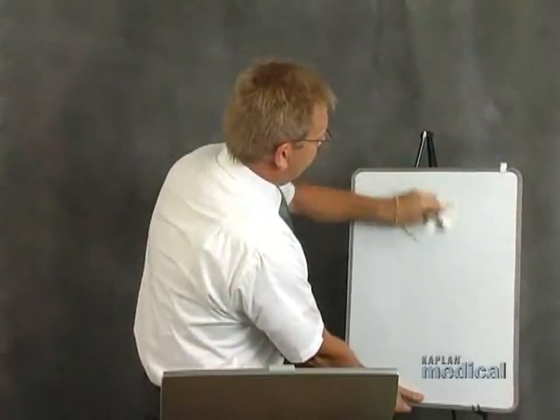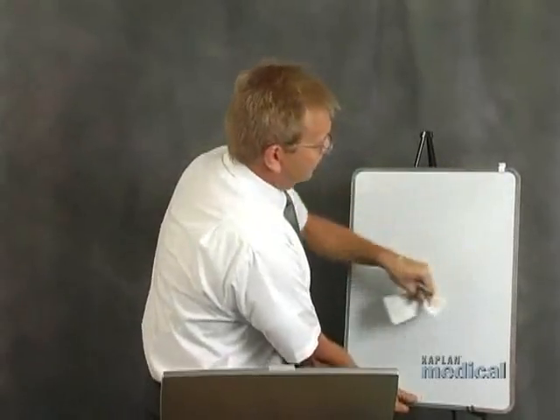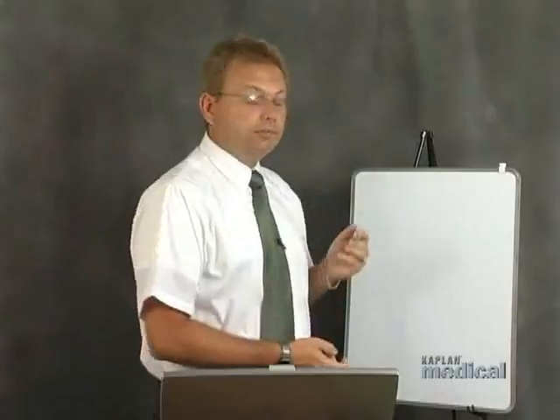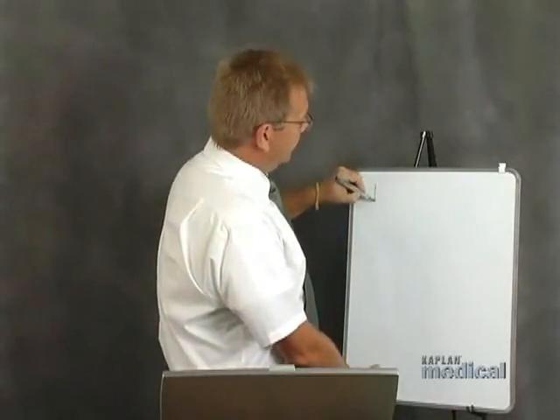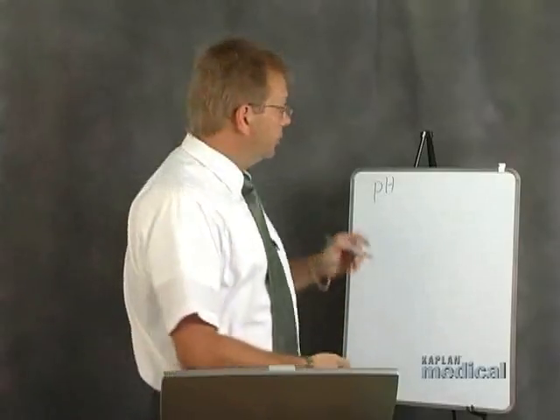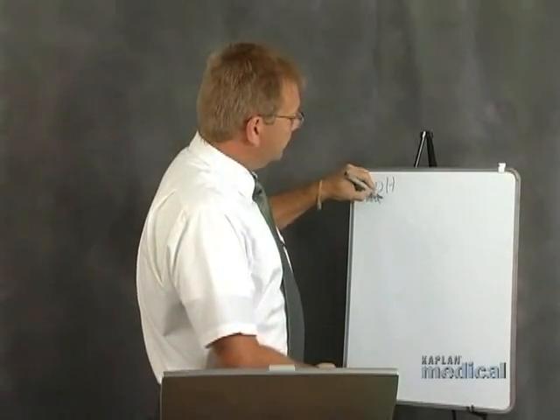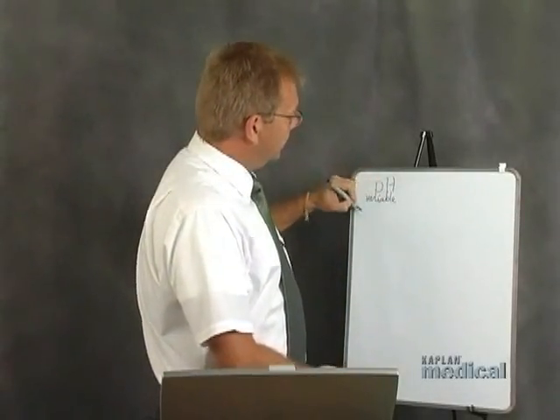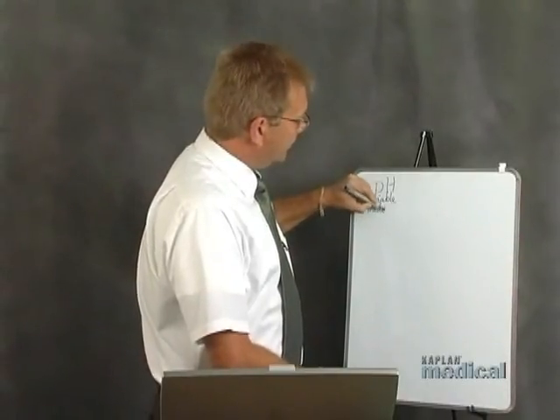First point I would like you to think about is, what is a pH all about? Is it a constant? Is it a variable? pH is a variable, and it belongs to the medium. It belongs to biological fluid.